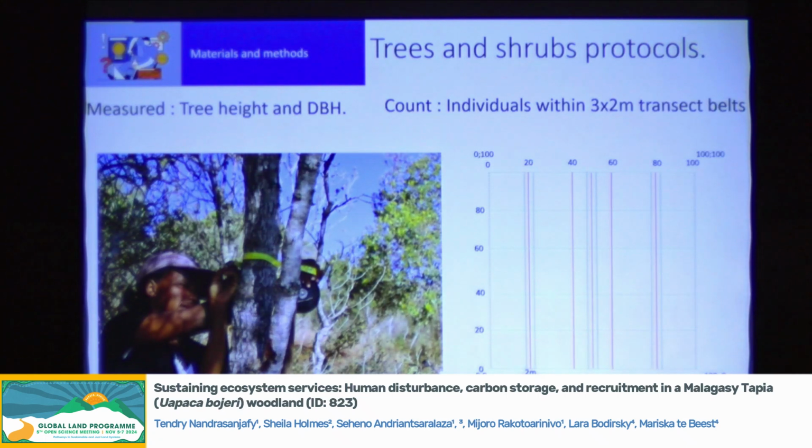But you know, Malagasy people, some are short, like me, I'm not that tall, so that's why it looks higher, but it's at 1.3 meters height from the ground. Does that answer?